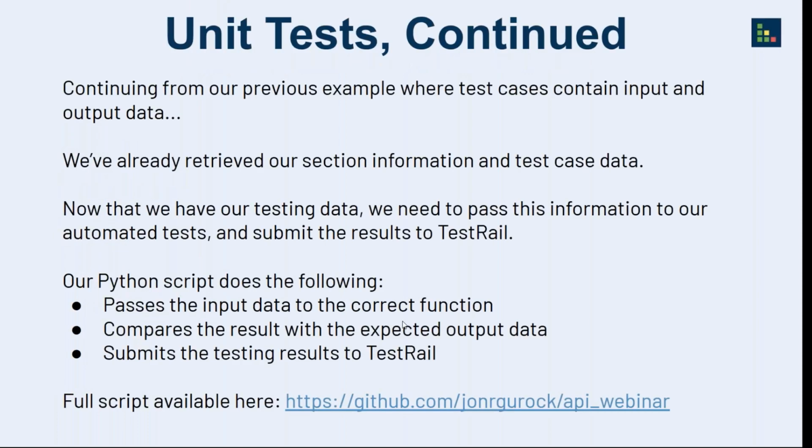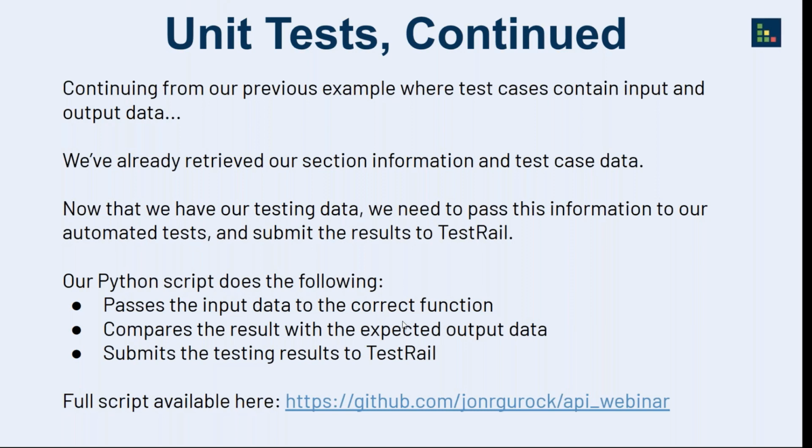So continuing with our unit test example, now that we have our test cases with the input and output data and our section information, we need to pass this information to our automated test and submit the results to TestRail. Our Python script that we have available does this.